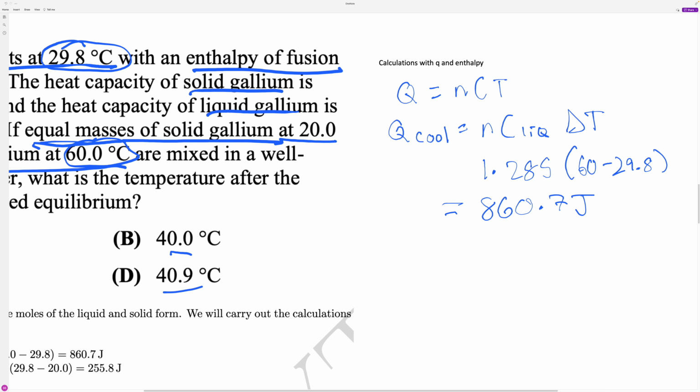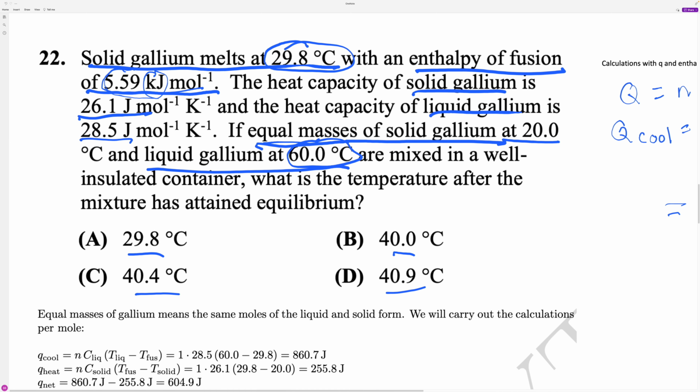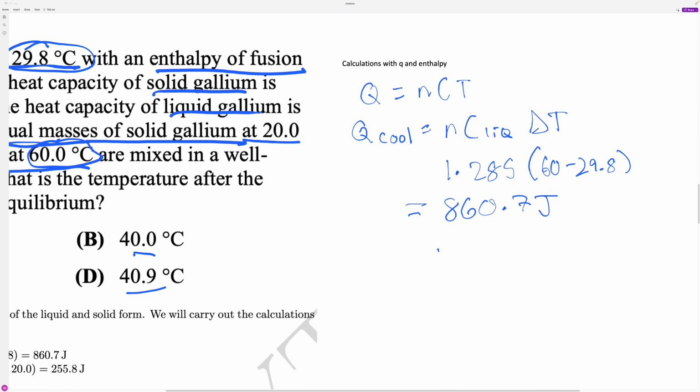Now, although it is true that the solid gallium actually has to reach 29.8 before it can start fusion, let's just calculate the enthalpy of fusion, or the heat to essentially melt this and get it above the melting point. And that's going to be our 5.59 kilojoules, and in joules, that's 5,590 joules to melt the solid.